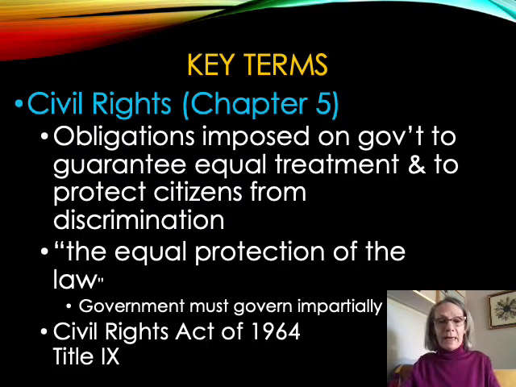As you're going to find in the chapter, some types of different treatment are acceptable by the court, but other kinds are not. We have a whole host of federal laws, the Civil Rights Act of 1964 and Title IX, having to do with educational non-discrimination. We have a whole host of laws on the books in order to make sure that people receive equal protection of the law.